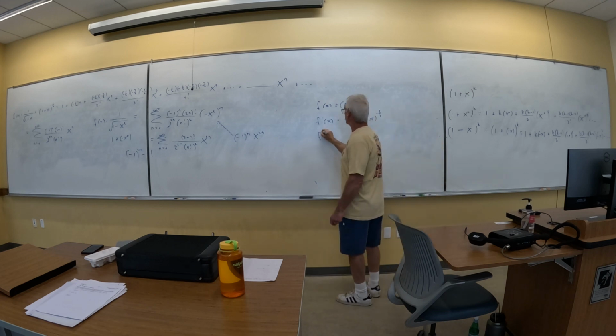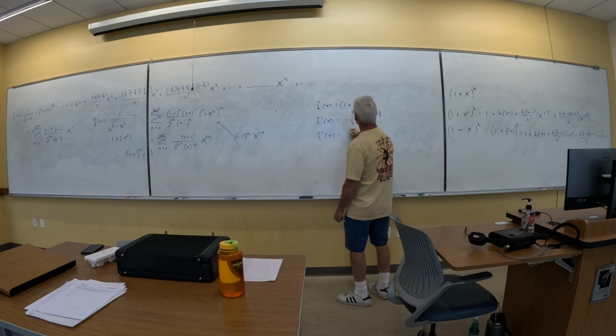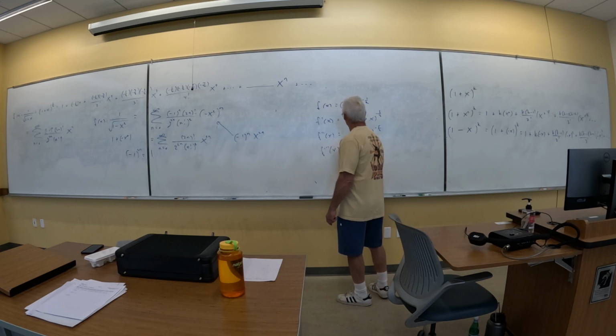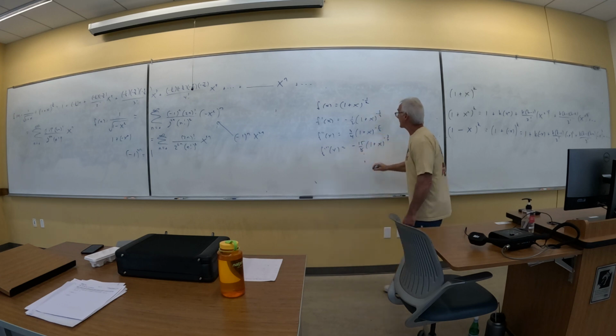Okay, so then what's the second derivative? That's going to be 3/4 (1 plus x) to the negative 5/2. And then my third derivative is negative 15/8 (1 plus x) to the negative 7/2. I keep going. Then what's f of 0? What's f prime of 0? What's f double prime of 0?